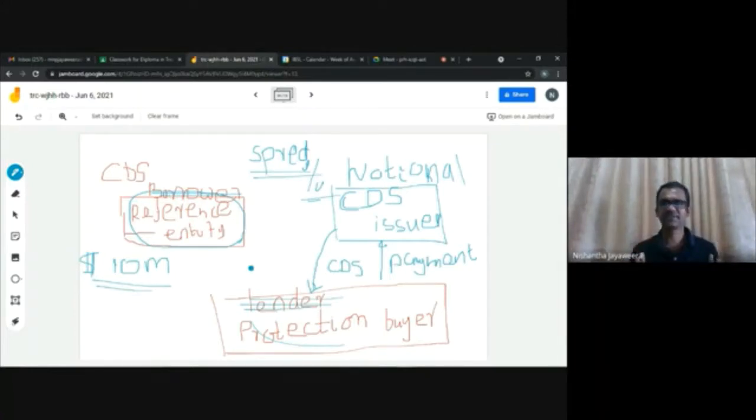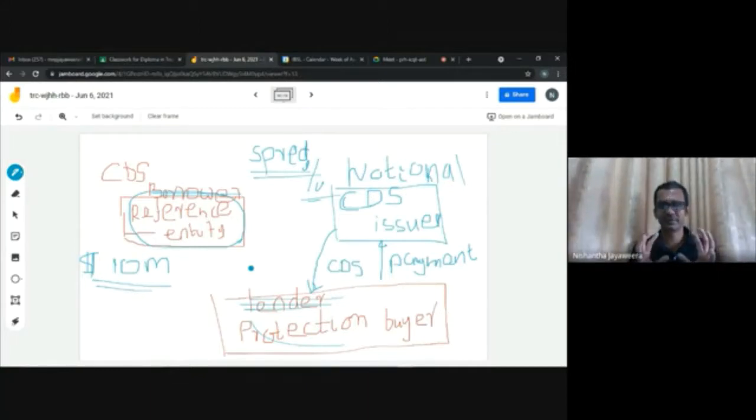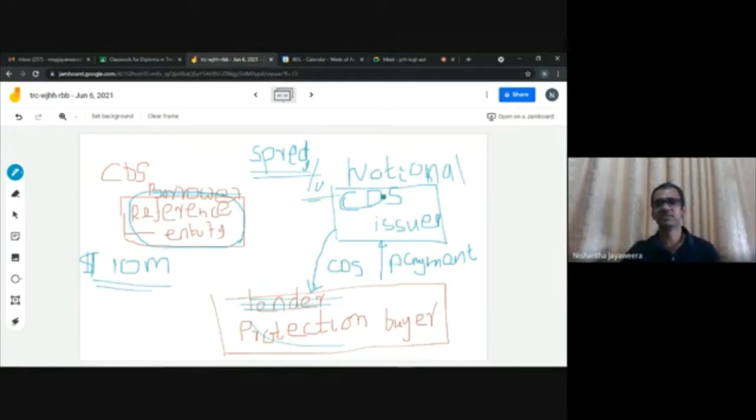Initially, the product was created to protect lenders. The CDS issuer might have a better understanding of the reference entity, evaluate the credit risk, and then give insurance protection to the lenders. So lenders have money, they have the confidence, and they lend to this party.